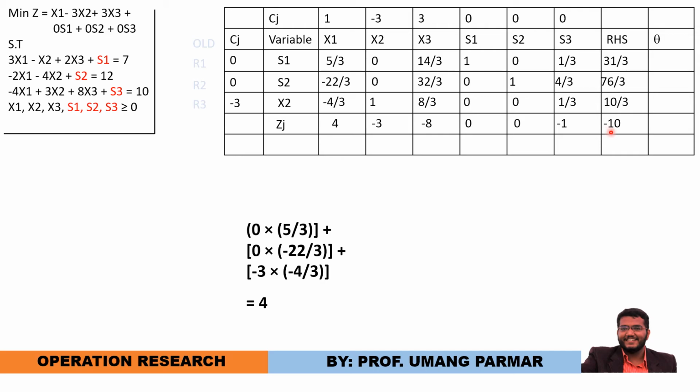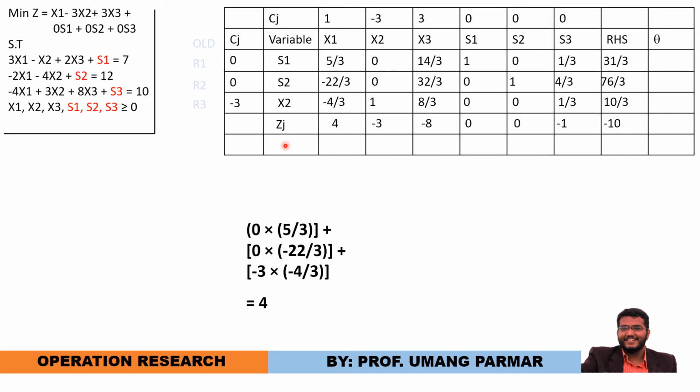Here we are finding the answer for the right hand side also, and it gives me the updated solution for my objective function. In the last solution, the value of z was 0. But in this solution, my z becomes minus 3. Sorry, my z becomes minus 10.